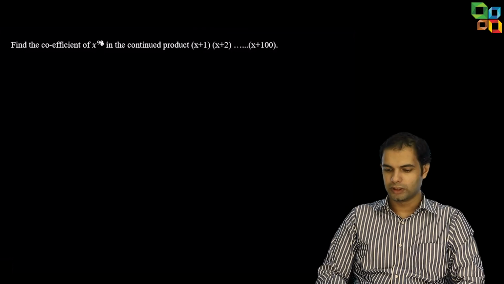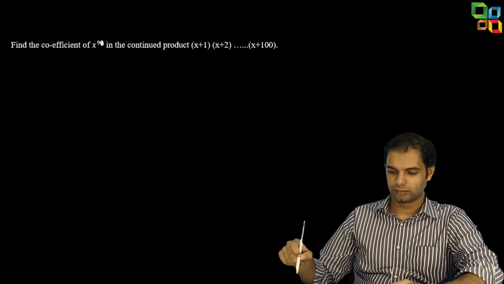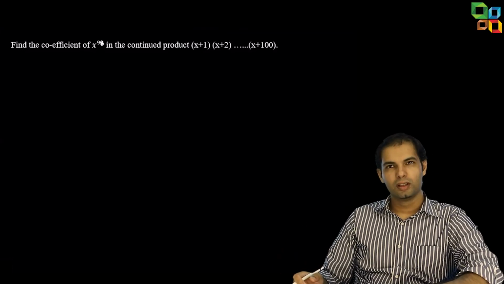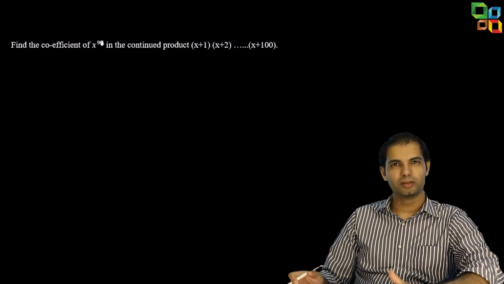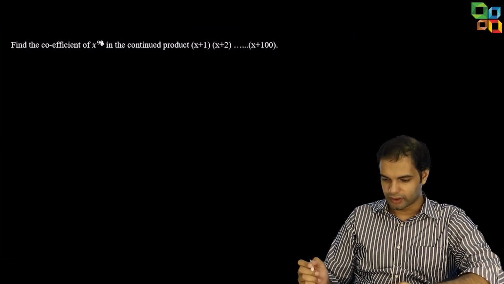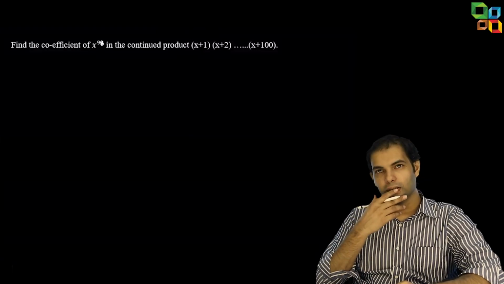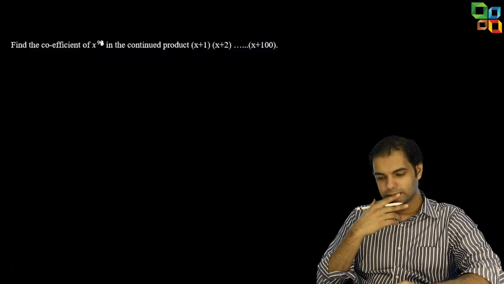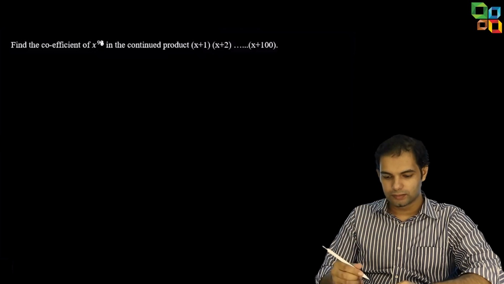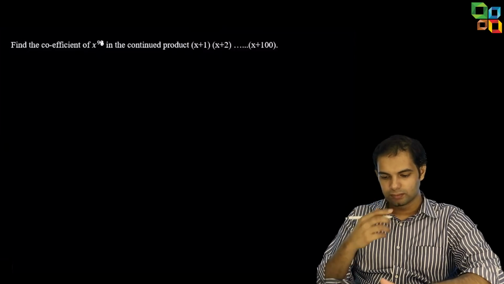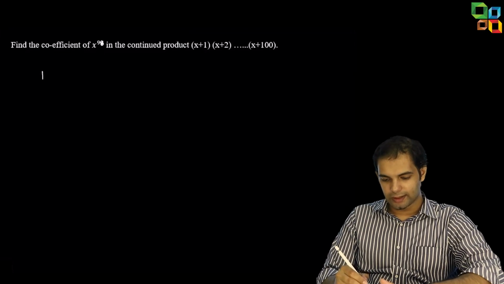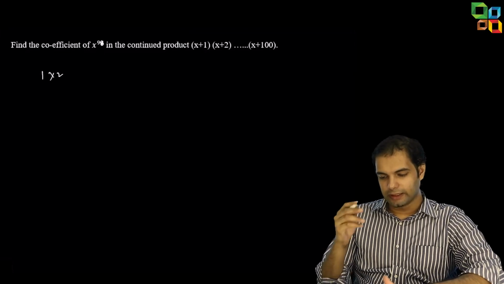Sir, what I said at first, I don't think that is correct because there will be many more terms. Yeah. So what is the pattern? Tell me, let's figure it out. When we choose two terms, the possibilities are, you can choose 1 and 2, then 1 and 3, 1 and 4, 1 and 5. So again, the logic is the same.